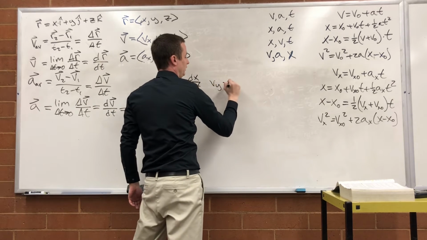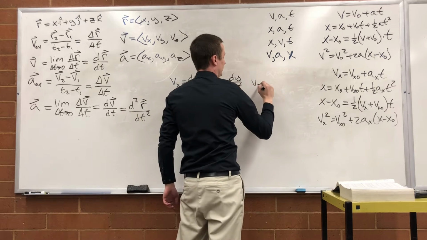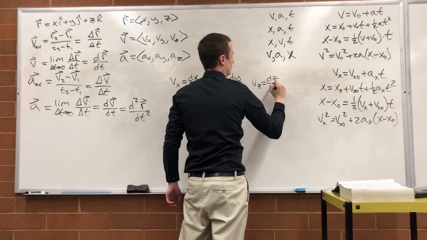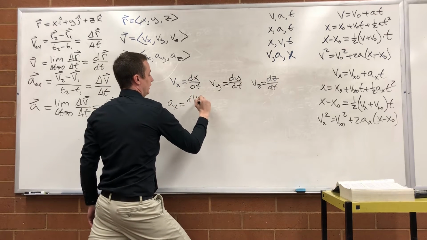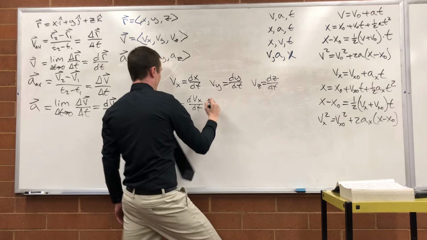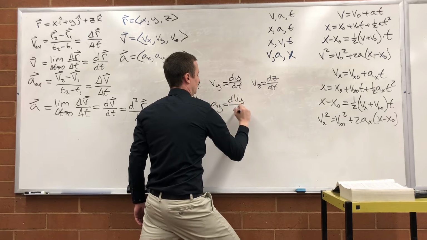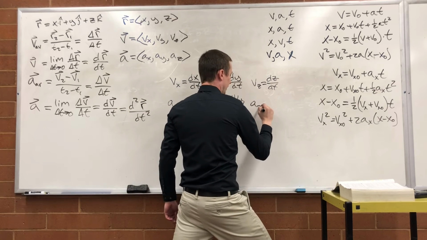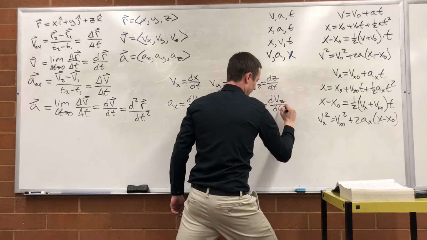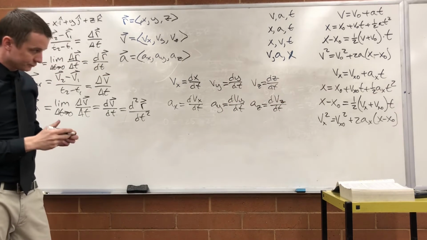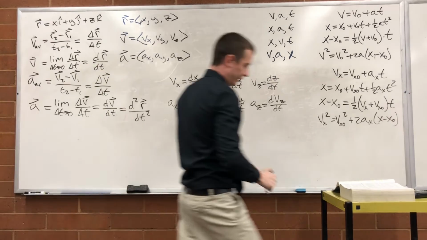Similarly, v sub y is dy dt, and v sub z is equal to dz dt, and similarly, a sub x is equal to dv_x dt, a sub y is equal to dv_y dt, and a sub z is equal to dv_z dt. And hopefully that's all pretty straightforward and makes sense. Again, just a ton of notation.